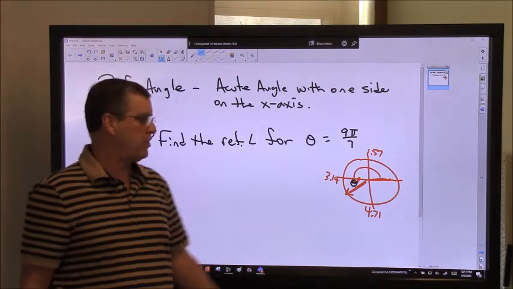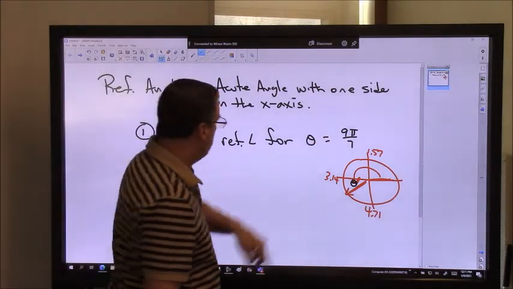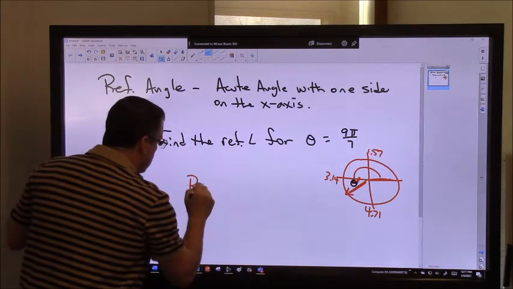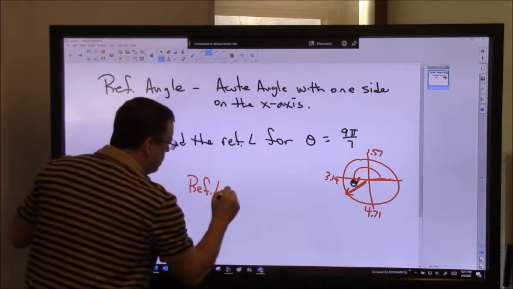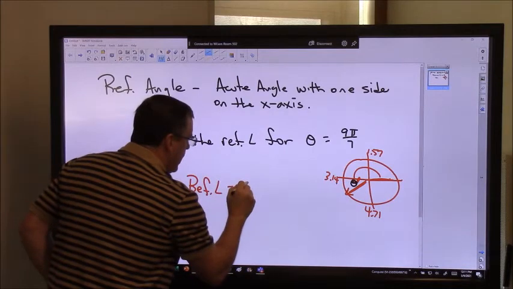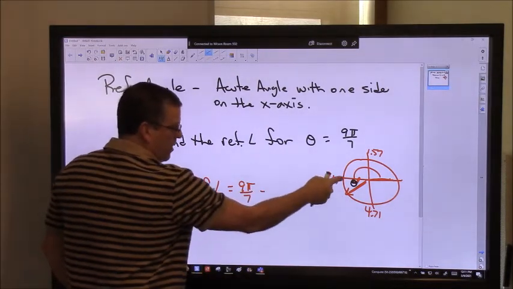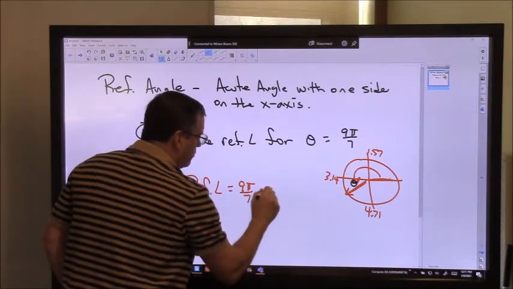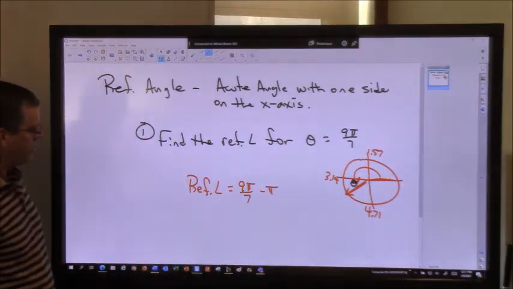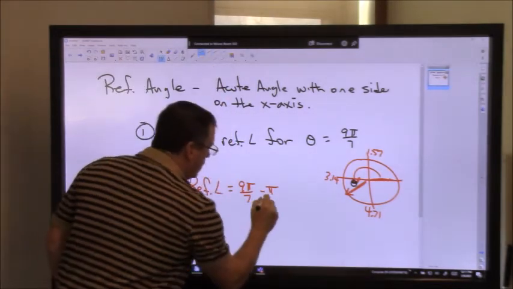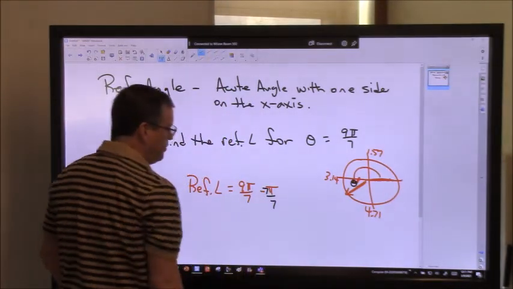That's a subtraction problem. So I just want to take this angle right here and say that our reference angle is equal to 9 pi over 7 minus pi. How far past that did I go? And so if I'm going to get a common denominator here, I would just make both of these 7s.